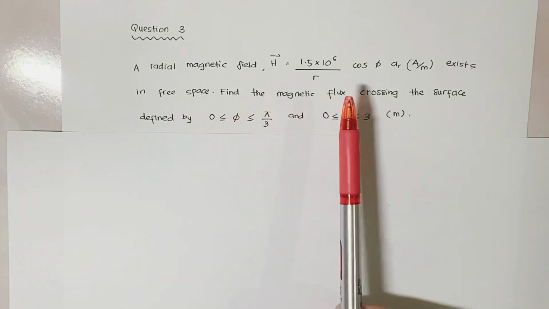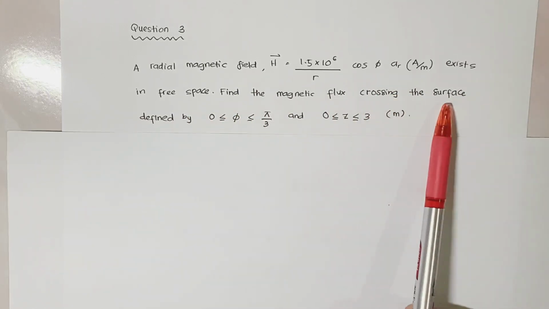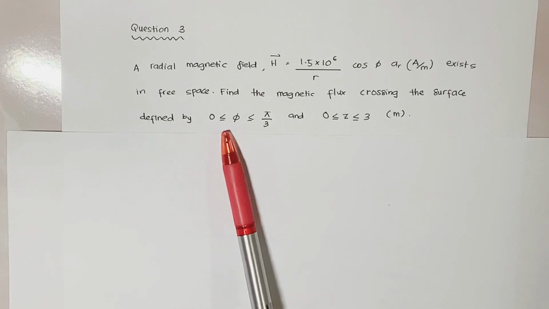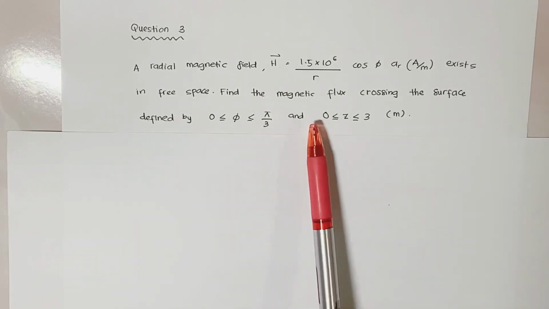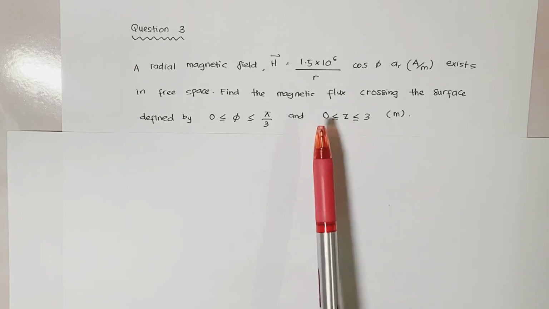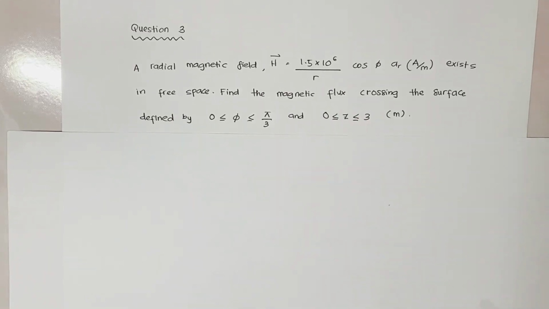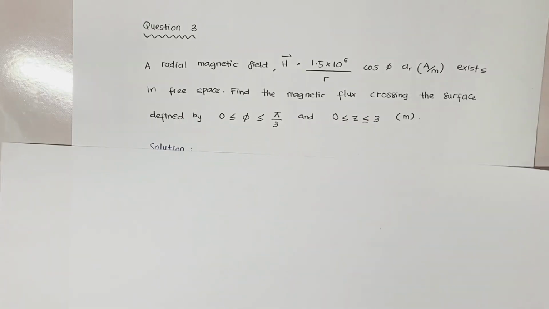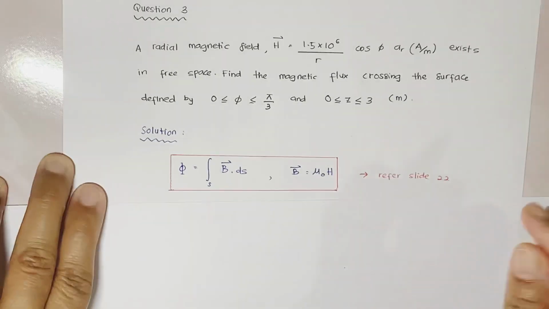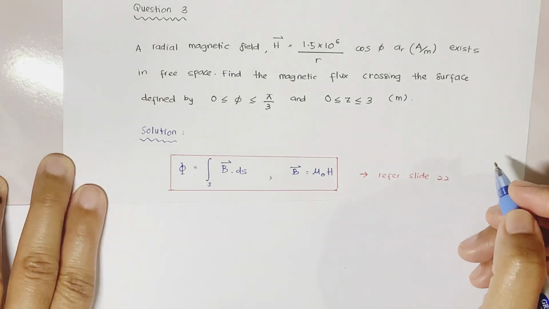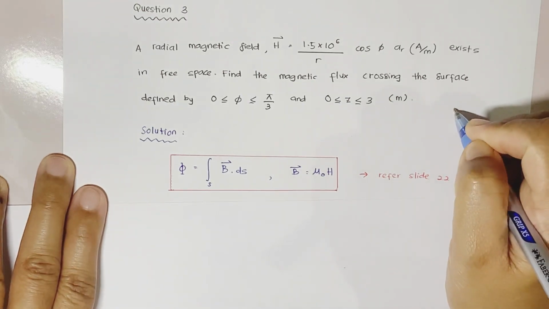Find the magnetic flux crossing the surface defined by phi between 0 to pi over 3 and z between 0 to 3 meter. If you try to draw, you will get the space something like this.